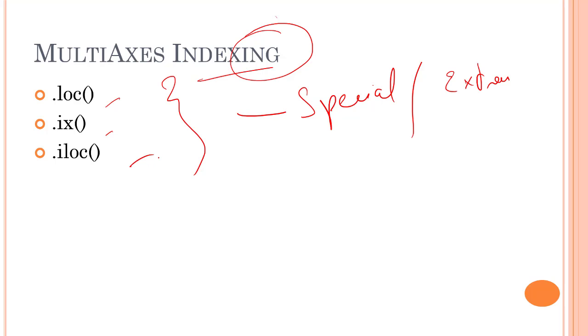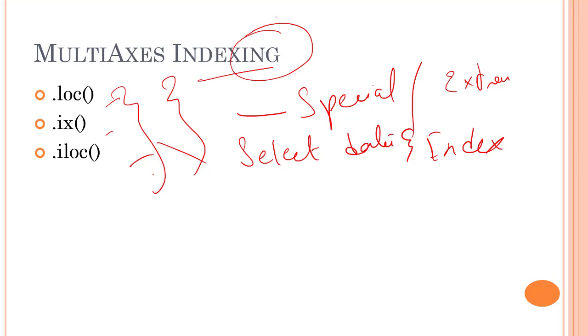So let's discuss one by one: the first method, then the second method, and then the third method. The first thing you should always remember is that whenever we use these indexing methods, we just want to select particular data and index it. For that purpose we use this particular method.